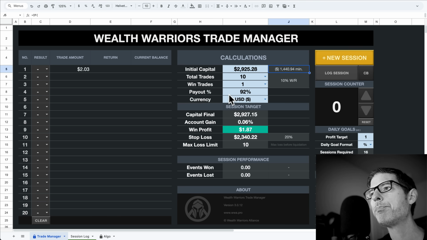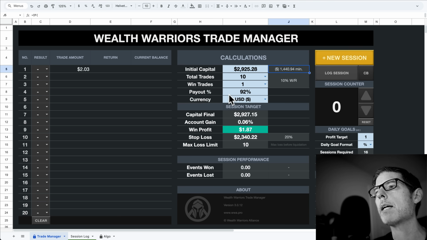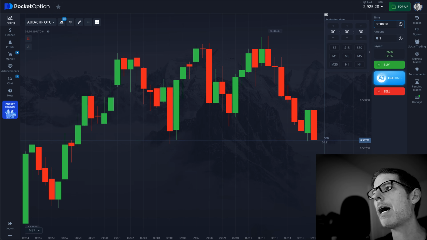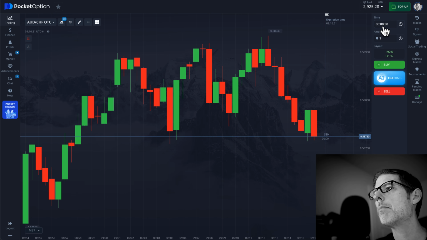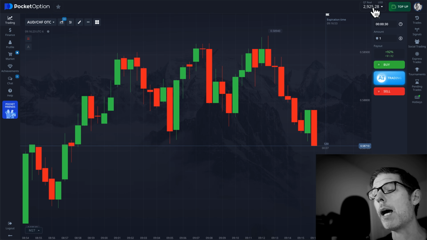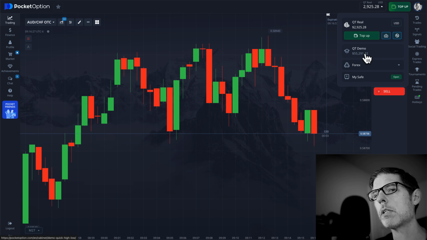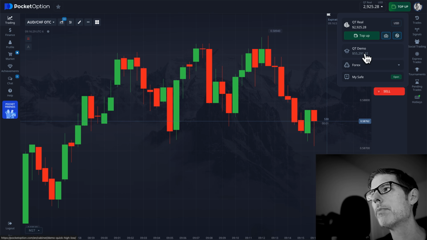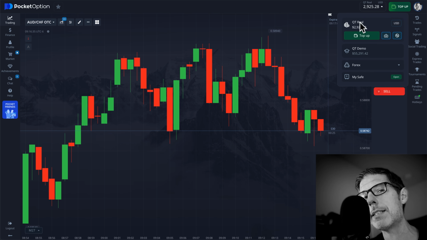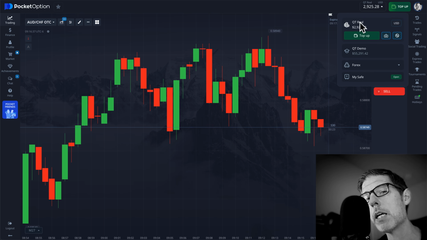But for now, we must make sure inside Pocket Option, whatever the capital is, this is my real account. So this is not demo, this is the real account. Here's the demo, $55,000 in the demo account, right? And then here's my real account right here. So I just want to click on that so you guys see I'm putting this to the test, I'm risking real money, guys.